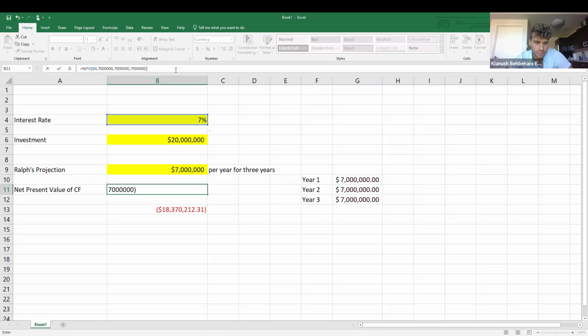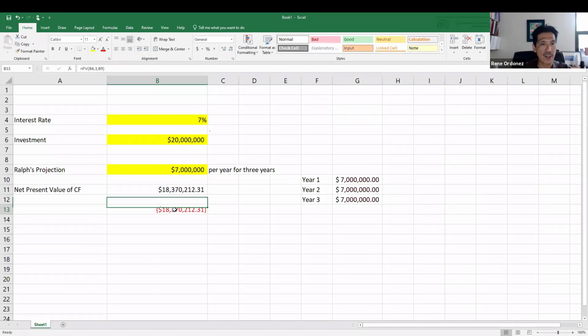Right. So there are a couple of ways. If you use the cell addresses, then you can reuse this template by simply replacing the values in year 1, year 2, and year 3, and the template will compute. Let's do both.